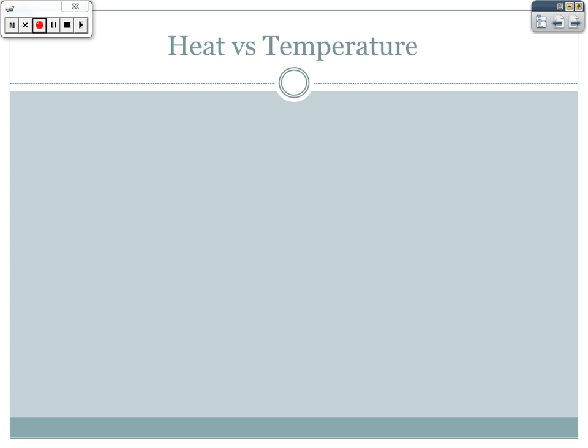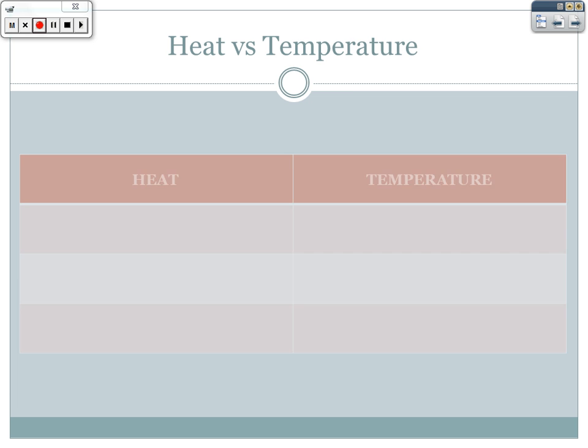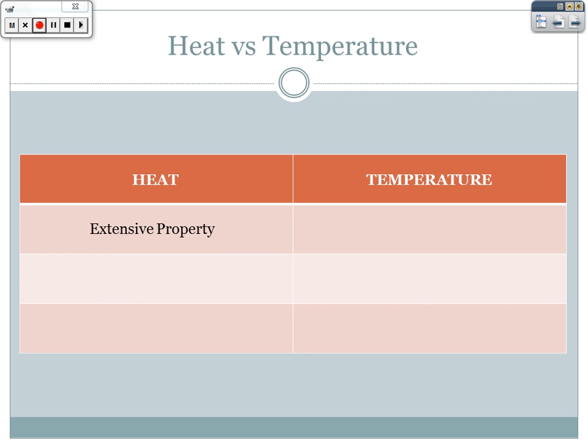So let's look at the difference between heat and temperature. Heat is an extensive property, whereas temperature is an intensive property. Because heat is an extensive property, it is dependent on the amount of a substance, whereas temperature is independent of amount.